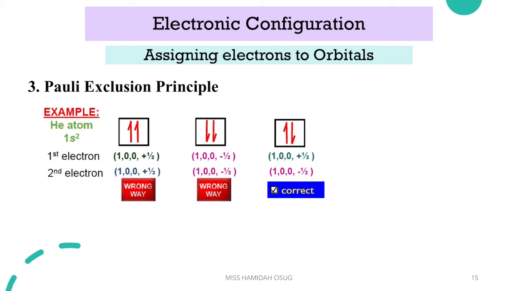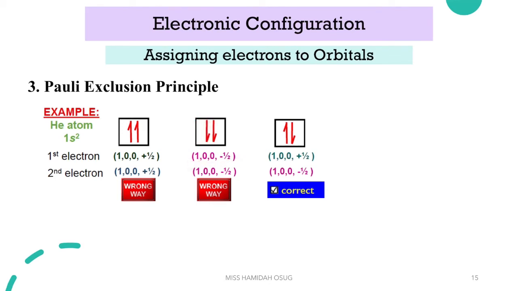So let's take a look at the examples here. For example 1, if you look, it is not opposite spin, it is the same spin. So when it is in the same spin, the first and the second electron will have the same set of quantum numbers, which does not obey the Pauli exclusion principle. The second example is also the same. Both of the electrons are pointing downward.